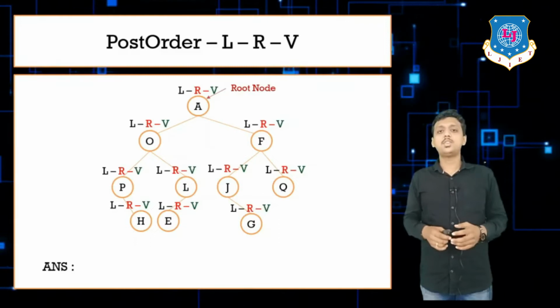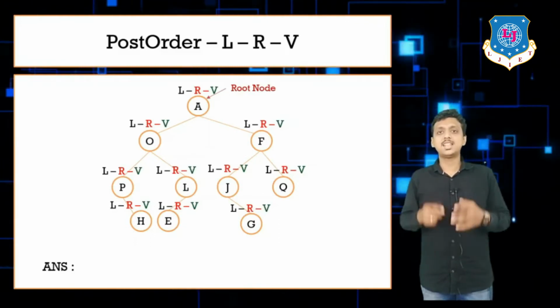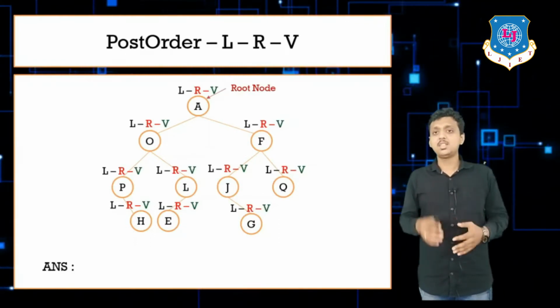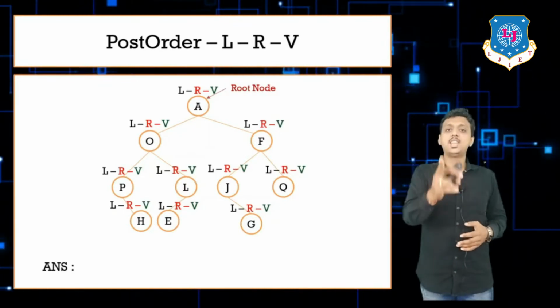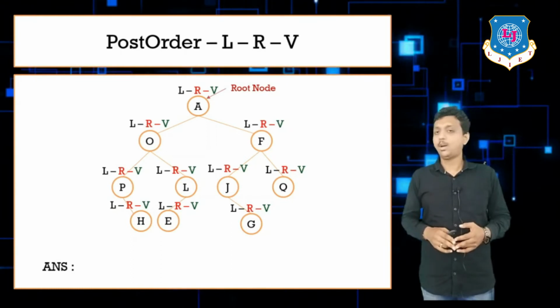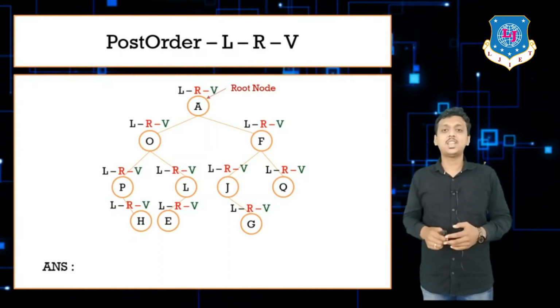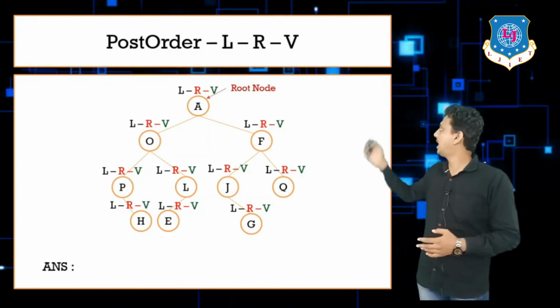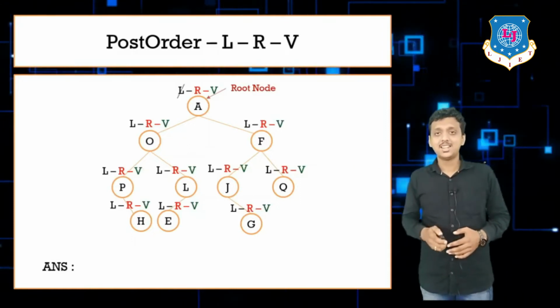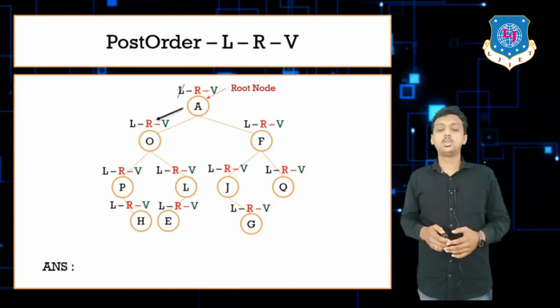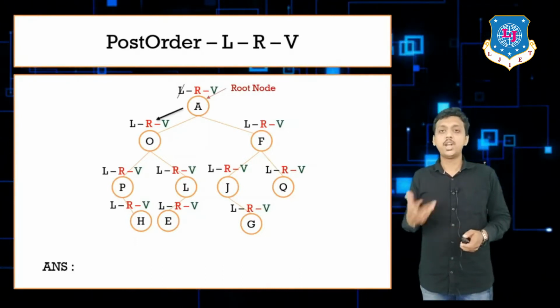So first we have the post-order traversal, that is L, R, and V. That means you first need to go on the left side, then right side, and then perform the visit operation. So first let's start with the left side operation. Cut down the L for node A, and then move towards node O. Friends, where to go?